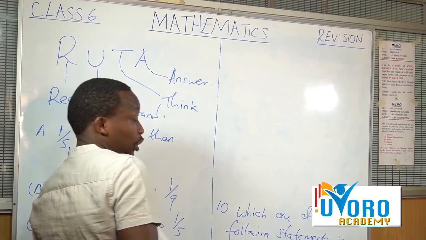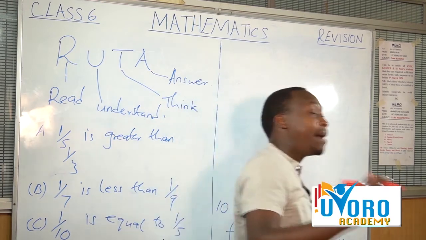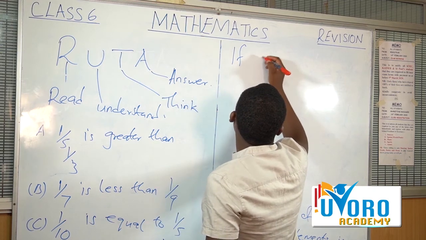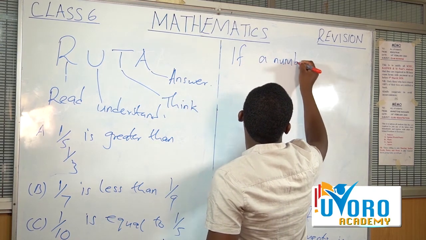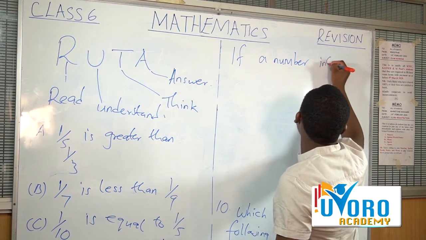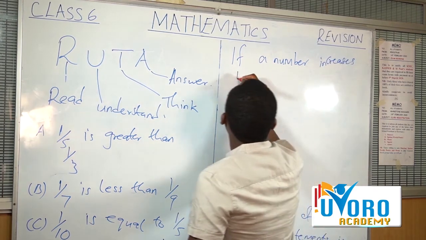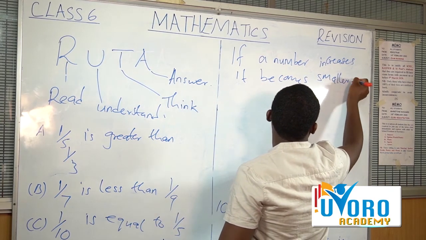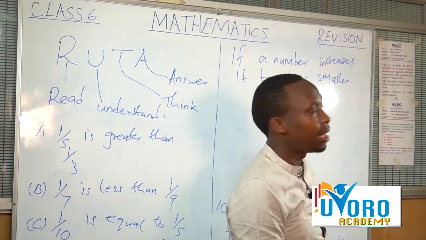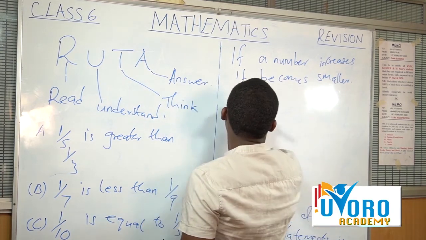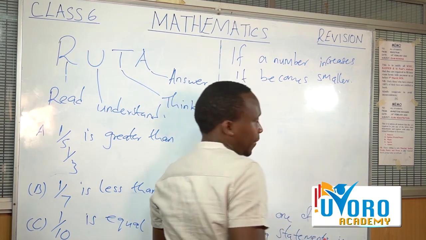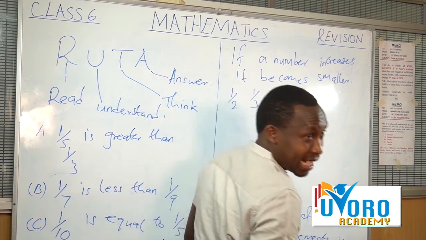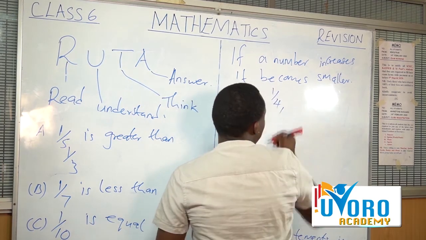Now, before we continue, we said that if a number increases, it becomes smaller. So, 1 over 2 is the first fraction, called a half. The other one that follows is a third. The other one is a quarter.